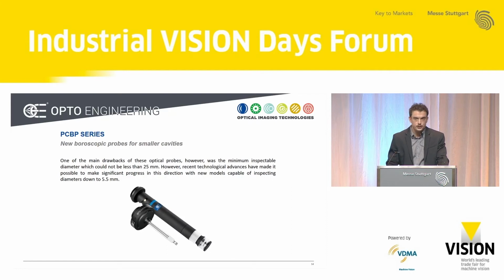In the picture, you can see the comparison between, let's say, the older standard version and the newer, smaller one, and it's pretty clear that there was a significant step forward in this sense.